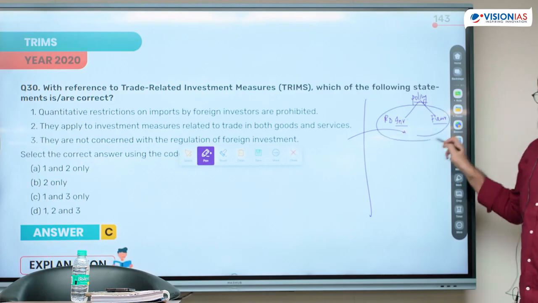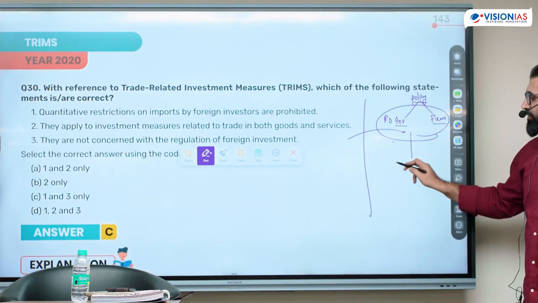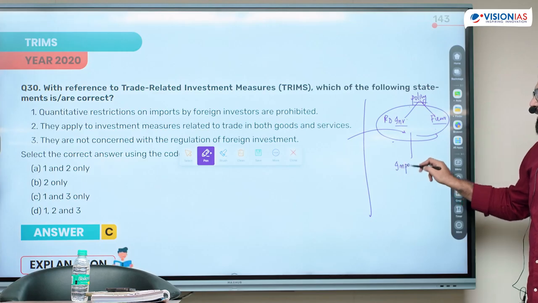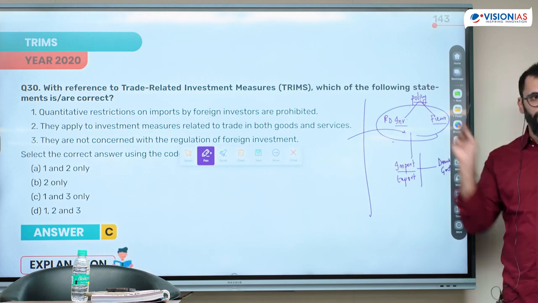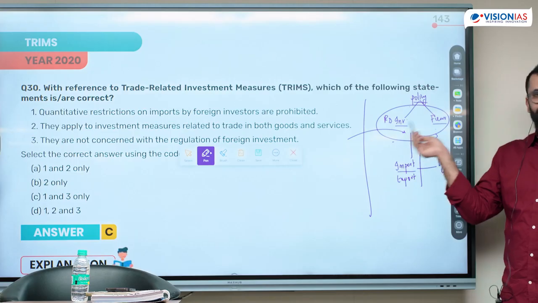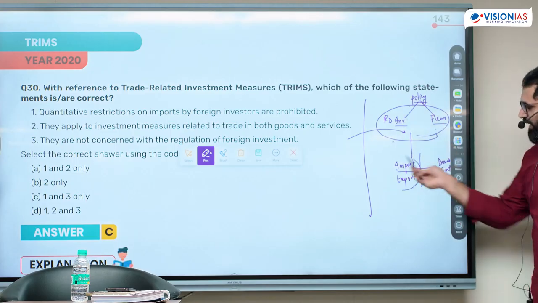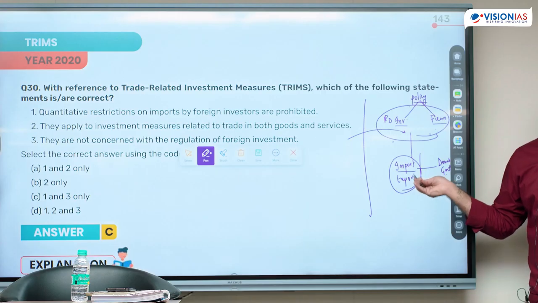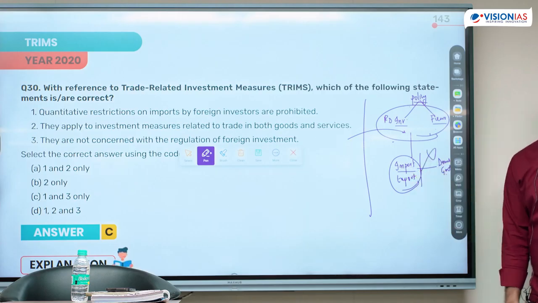The policy exists equally on both, but one of the features of the policy is that if they are dealing in import and export of goods, then I have certain discrimination against imported goods versus domestic goods. So the policy is on investment and is equally applicable to the domestic firm, but one implication of the policy is that it creates discrimination on import and export. If this happens, it is not allowed.